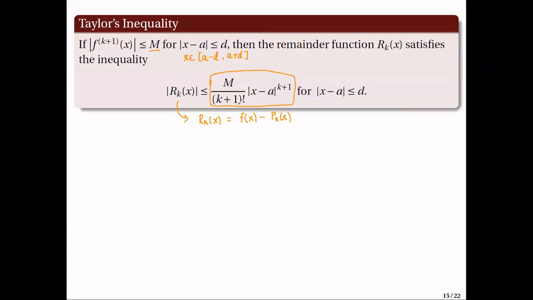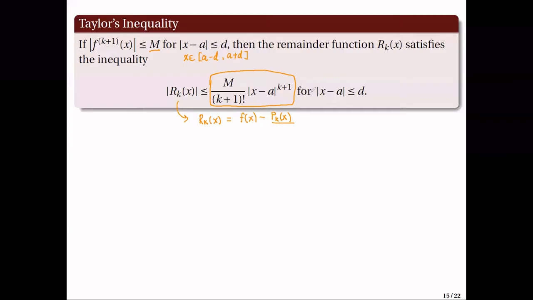So you can make the denominator large by increasing the number of terms in the Taylor polynomial. So note that k here is the degree of the Taylor polynomial. And this is the thing that you can choose. So the degree of the Taylor polynomial.